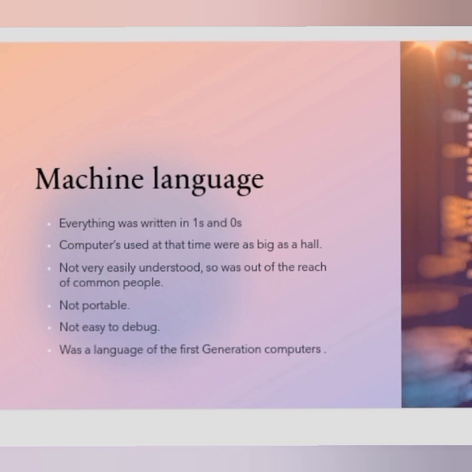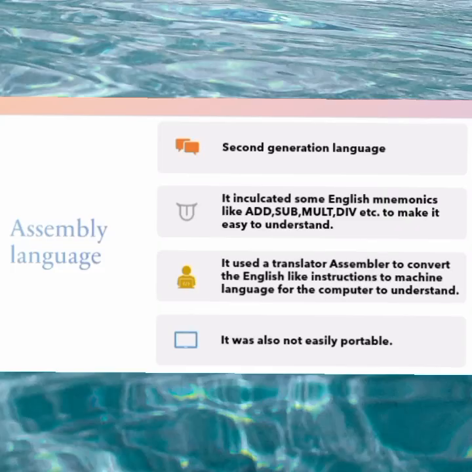Now let's look into assembly language. In the second generation, assembly language was introduced, which used some English type of words like ADD for addition, SUB for subtraction, MULT for multiplication, which were known as mnemonic codes. Since the computer wasn't able to understand this English, they needed a translator, known as an assembler, to convert those mnemonic codes into machine language.